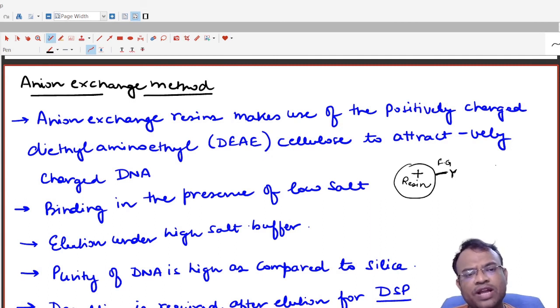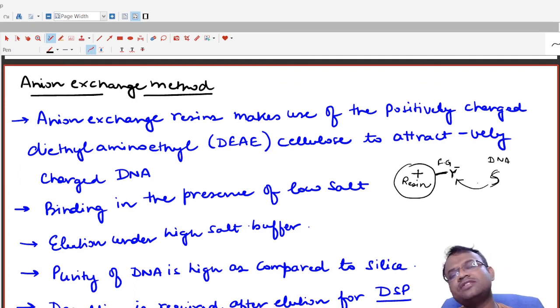Definitely this Y would be negatively charged because it is getting attracted to the positive resin. When the DNA comes along, DNA is having a lot of negatively charged phosphates. Because of that, this DNA would come and replace the Y and would bind to the resin. So this is the principle that is already being used in the anion exchange chromatography. The same principle is being applied over here also. Now this Y will get removed from here, and this DNA will come and bind to the resin.